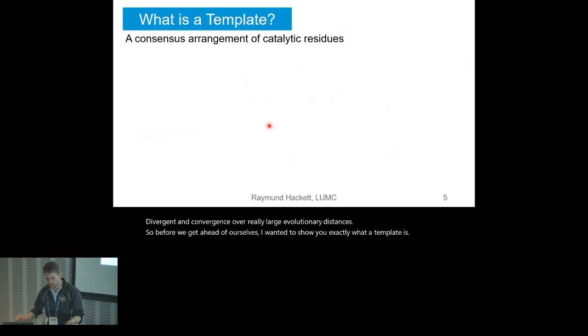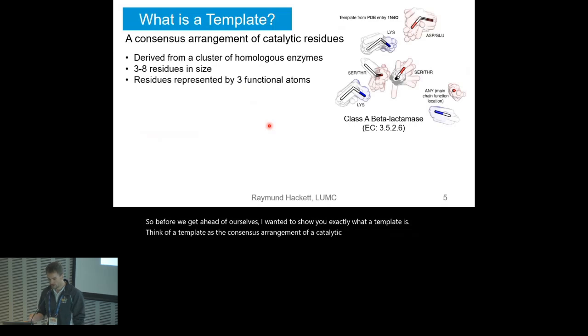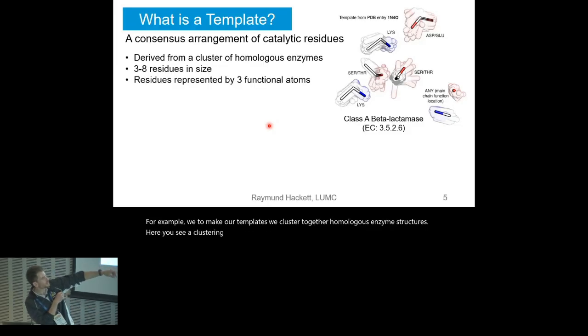So before we get ahead of ourselves, I wanted to show you exactly what a template is. Think of a template as the consensus arrangement of a catalytic site. For example, to make our templates, we cluster together homologous enzyme structures. Here you see a clustering and an alignment of different class A beta-lactamases.